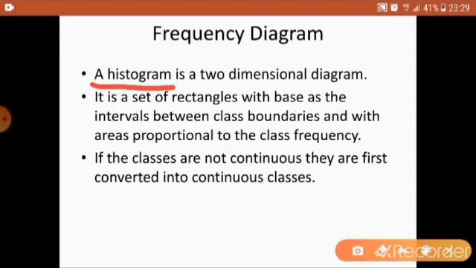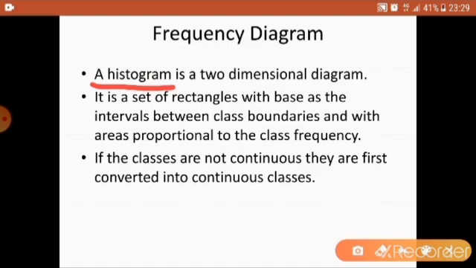Mostly the histogram will not be drawn for the discrete variable. It will be drawn only for the continuous variables. What discrete and continuous variables are, we already discussed in the previous session. So histograms are drawn mostly for continuous variables.